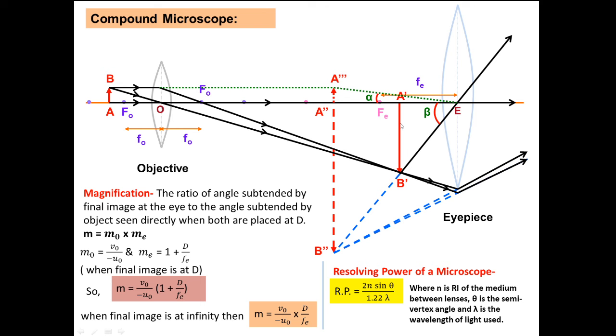If this A dash B dash is close to the eye lens, then V naught is nearly equal to the length of the telescope. So this magnification we may write as L by, and this U naught, if this AB is very close to the focal length, is nearly equal to F naught.